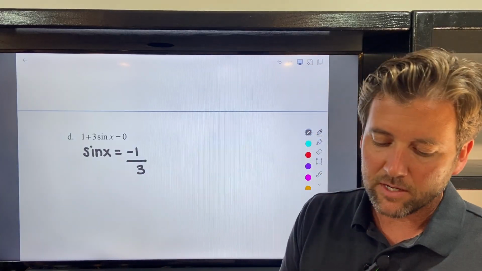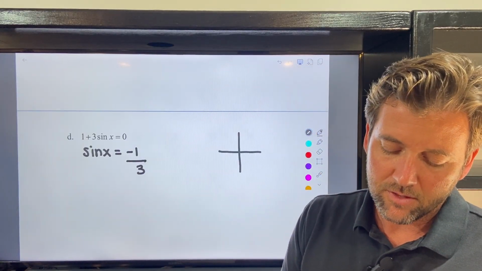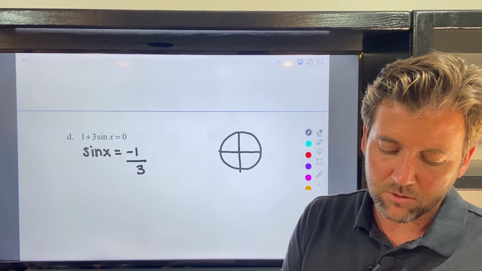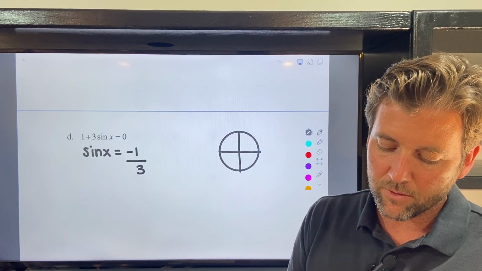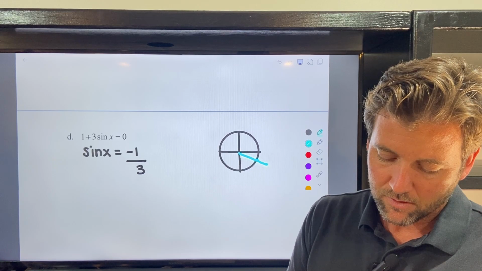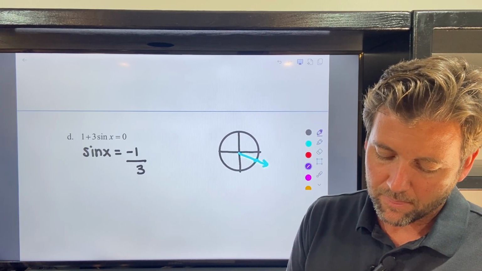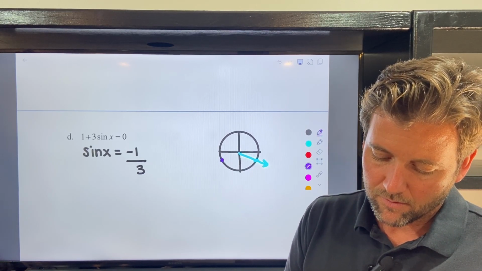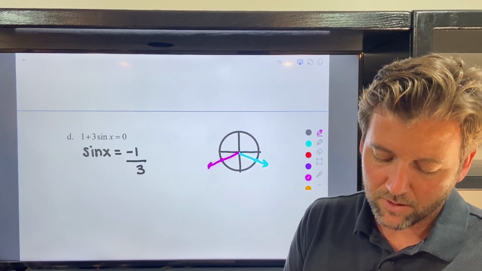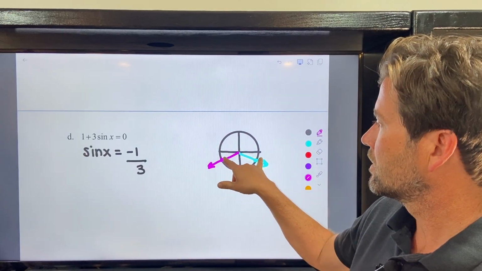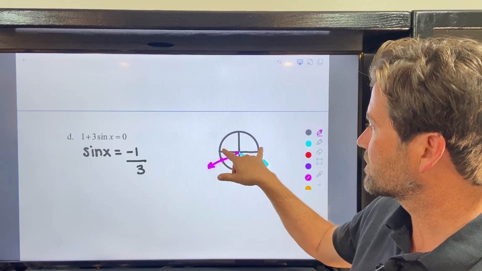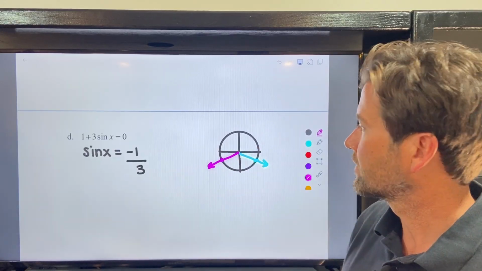So I'm just going to sketch the angles that intersect the unit circle at a y value of negative 1/3. That's right here and right here. These two y coordinates are negative 1/3. So from the x-axis, you're going down 1/3.